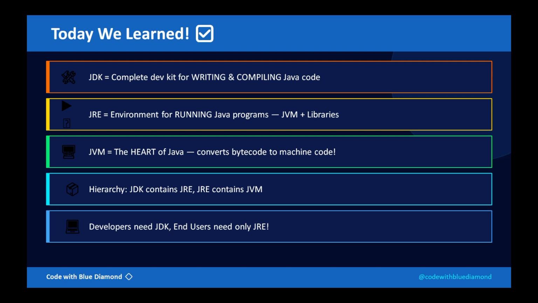And fifth, a developer needs JDK, a user needs JRE, and JVM is needed by both. These points are very commonly asked in Java interviews. Make sure you remember these, and just like different countries have different electricity standards, different operating systems have different JVMs, meaning the Windows JVM is different, Linux is different, and Mac is different. This is the easiest way to remember JDK, JRE, and JVM forever.